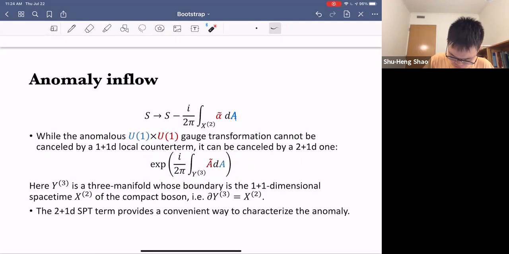Because if I do the gauge transformation, A tilde goes to A tilde plus alpha tilde. Even though it's a total derivative term, this manifold Y3 has a boundary, and we pick up this boundary term. You can think of this term as the 2 plus 1D invertible field theory, or in the condensed matter language, the 2 plus 1D SPT with symmetry U1 times U1 for this anomaly.